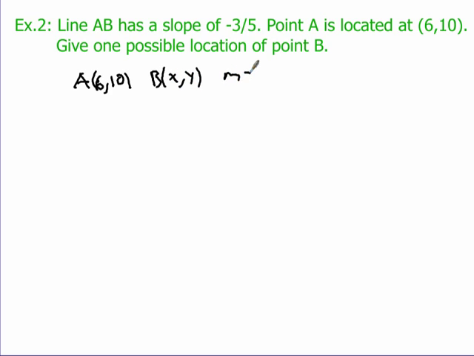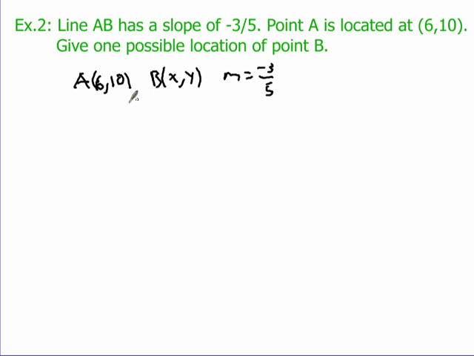And I know my slope is negative 3 over 5. So how do I find my missing point? Well, it's actually pretty simple. If I plug all of this into my slope formula, I can simply solve for the missing information.